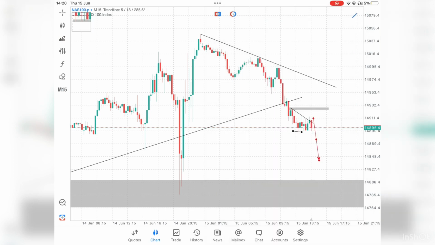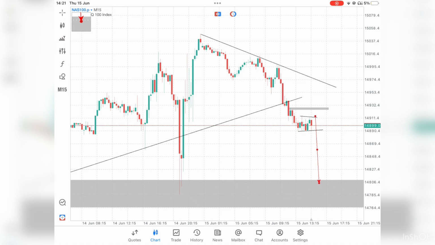Let me just quickly adjust my structure. As you can see, previously I had identified a different structure, but now because I can clearly see the pattern, I adjusted my trend lines, and now we have a nice impulse correction move.